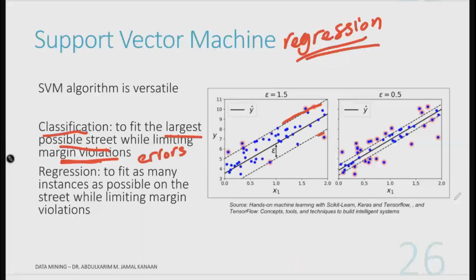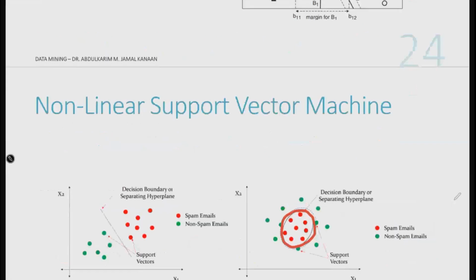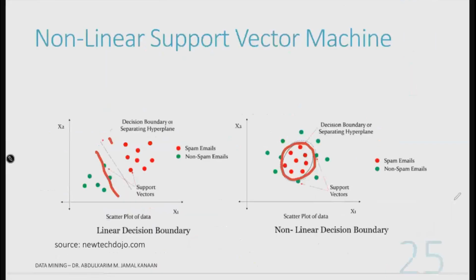While in classification, it's the opposite: you try to find the widest possible street while the data points reside outside. So the street must be empty. Imagine you are the pedestrian and I found the street that separates you. Should you be inside the street? No. In classification you should be outside. In regression, you should be inside. Maybe I'm not talking about the actual street for cars, but about the pedestrian line. Then you should fit as many as possible.